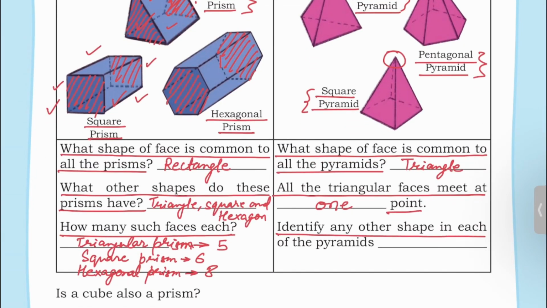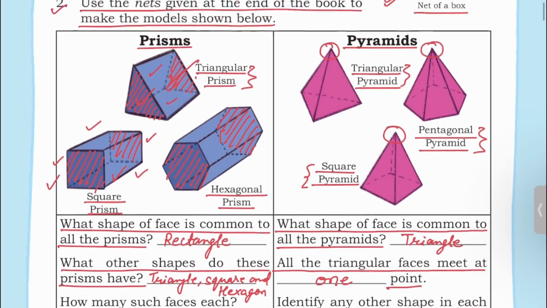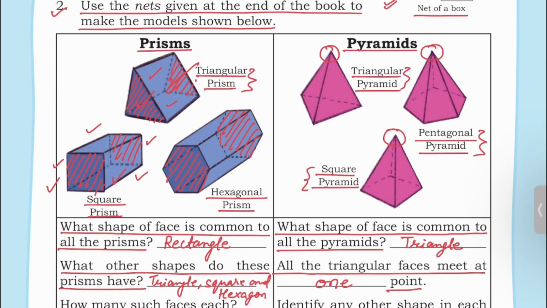Identify any other shape in each of the pyramids. In triangular pyramids, all faces are of triangular shape. But in pentagonal pyramid, you can see one pentagonal face at the bottom.